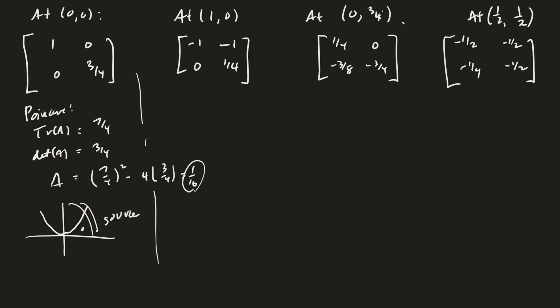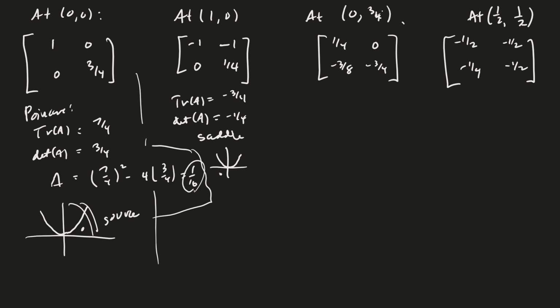At (1, 0), our trace is negative, so that's going to be minus 3/4. Determinant is negative 1/4. And so we could actually stop there. This is a saddle. Right? That's because we're down here on the Poincare classification diagram.